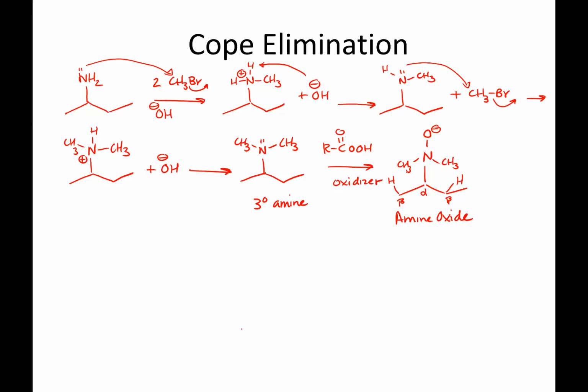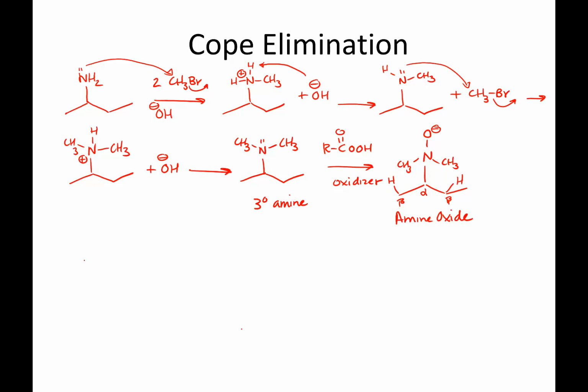What's going to happen is you're going to get the same regioselectivity that you get with Cope, meaning that you're going to form the least substituted double bond. Now what's going to happen is that the oxygen on the nitrogen is going to remove the beta hydrogen.